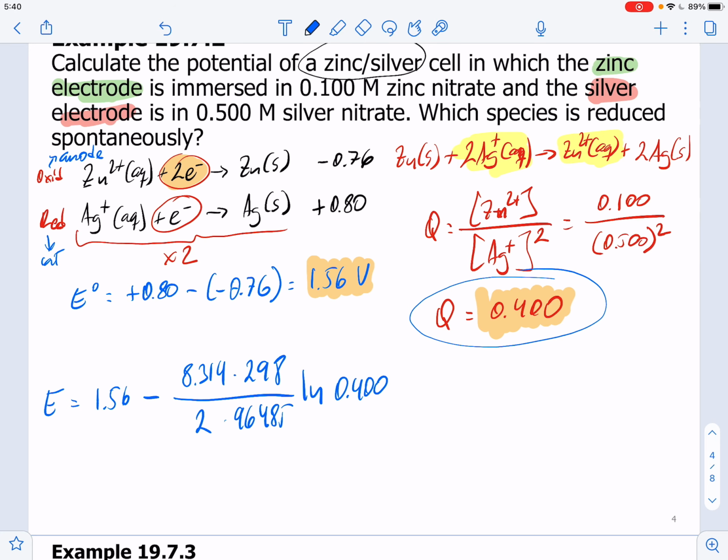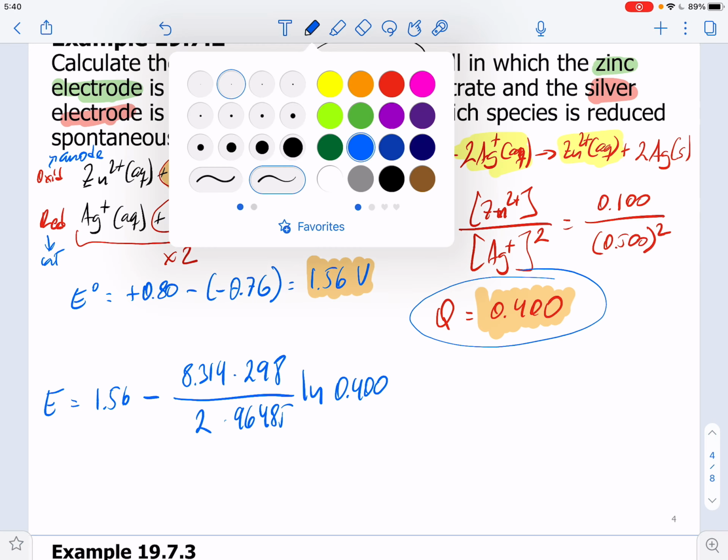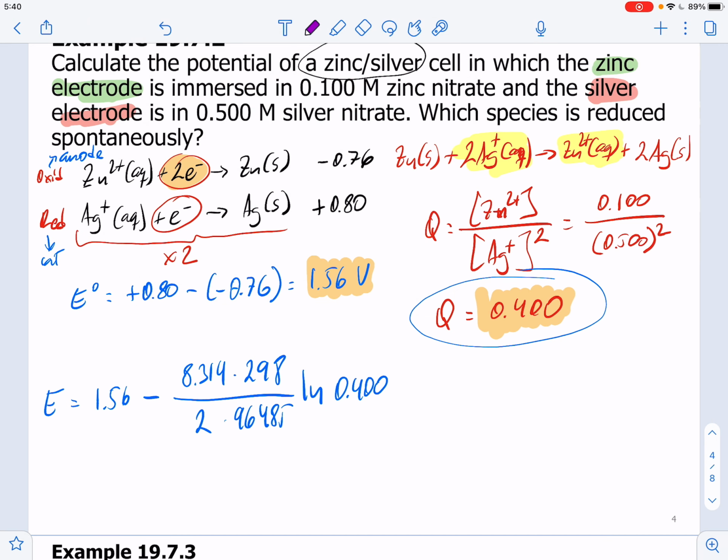In case it's hard to follow me, this is R, this is T, this is n, this is F, and this is Q. So you end up with a potential under those conditions of 1.57.